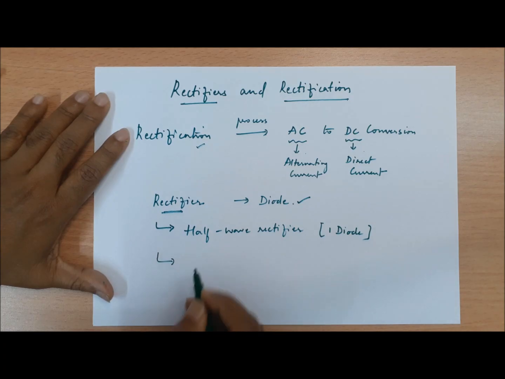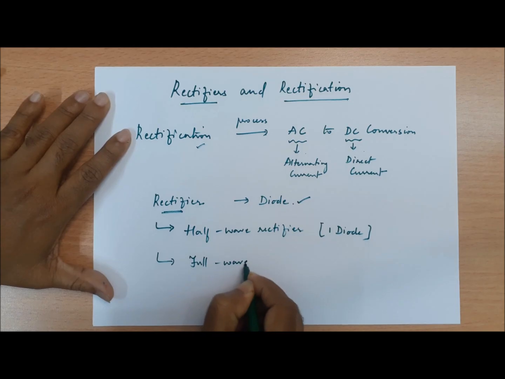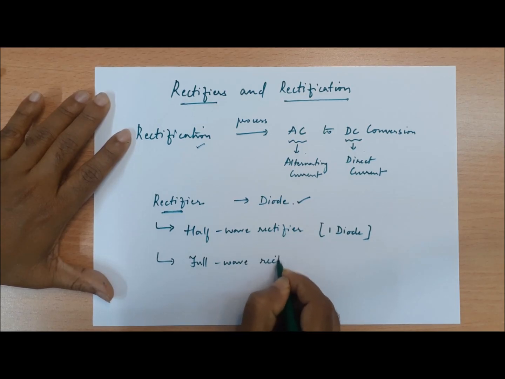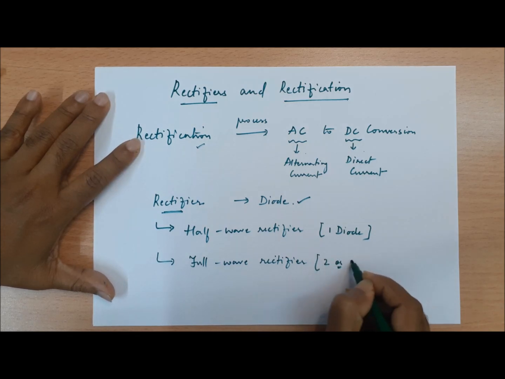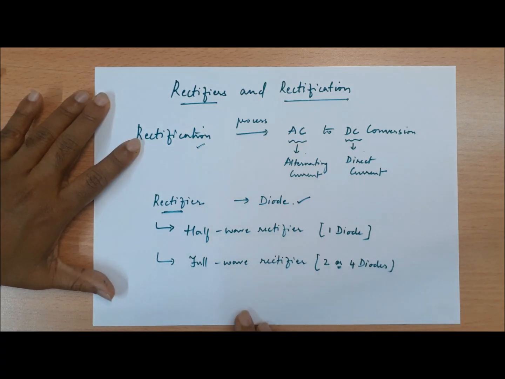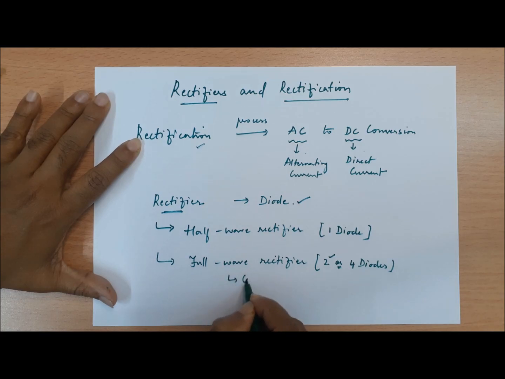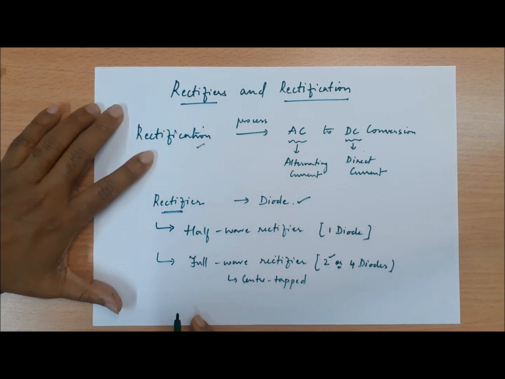The other type of rectifier is called a full wave rectifier. So a full wave rectifier uses either 2 or 4 diodes. If 2 diodes are being used, we call it a center tapped full wave rectifier.